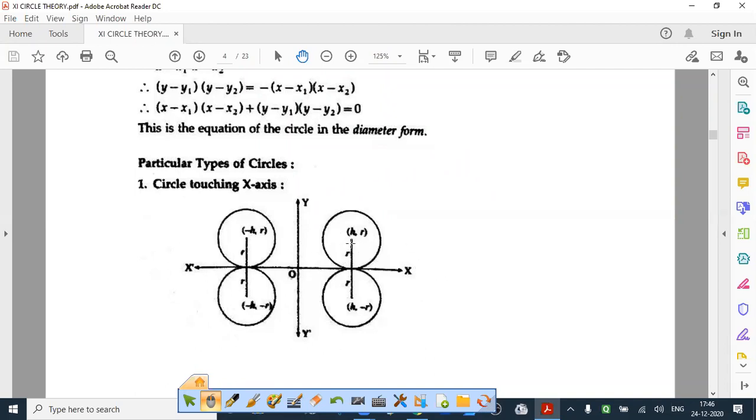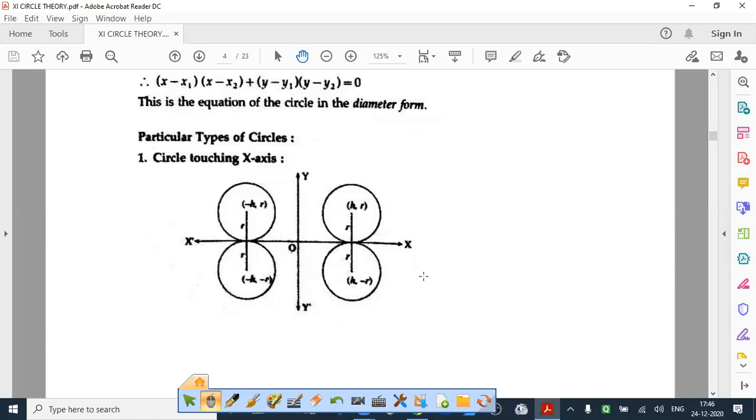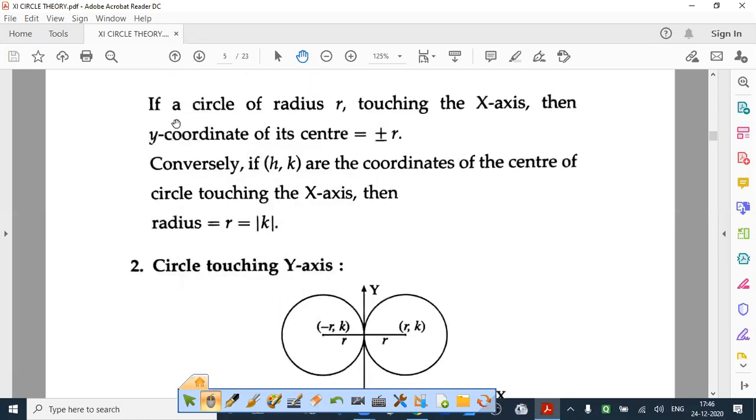But what is distance of any point from x-axis? It's y-coordinate. Actually, distance is never negative, but y-coordinate can be, right? And therefore, see, if a circle of radius r touches the x-axis, then y-coordinate of its center is plus minus r. Conversely, if (h, k) are the coordinates of the center of the circle touching x-axis, then what is radius? See, this is interesting.